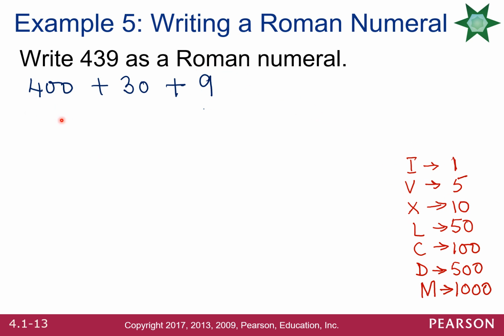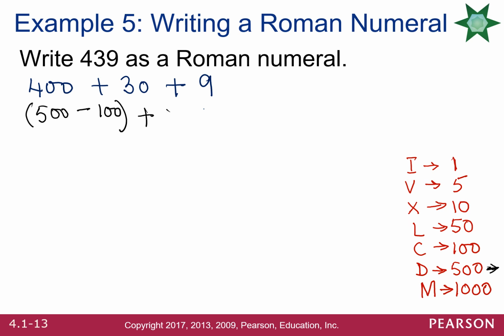So 400 can be represented using 500. We have to use 500 though, because it has to be represented in terms of these values only. So it's going to be 500 minus 100, correct? That's how we can represent 400.